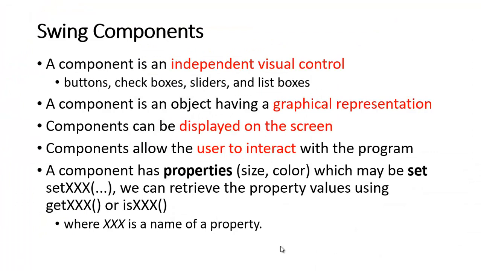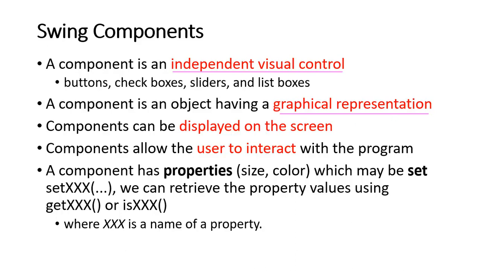So what are Swing components? Swing components are nothing but independent visual controls like checkboxes, sliders, list boxes. I can have many of them. They have some graphical representation. Every one of them has a different graphical representation: a checkbox has one, a list box has a different one, a text box has its own representation.